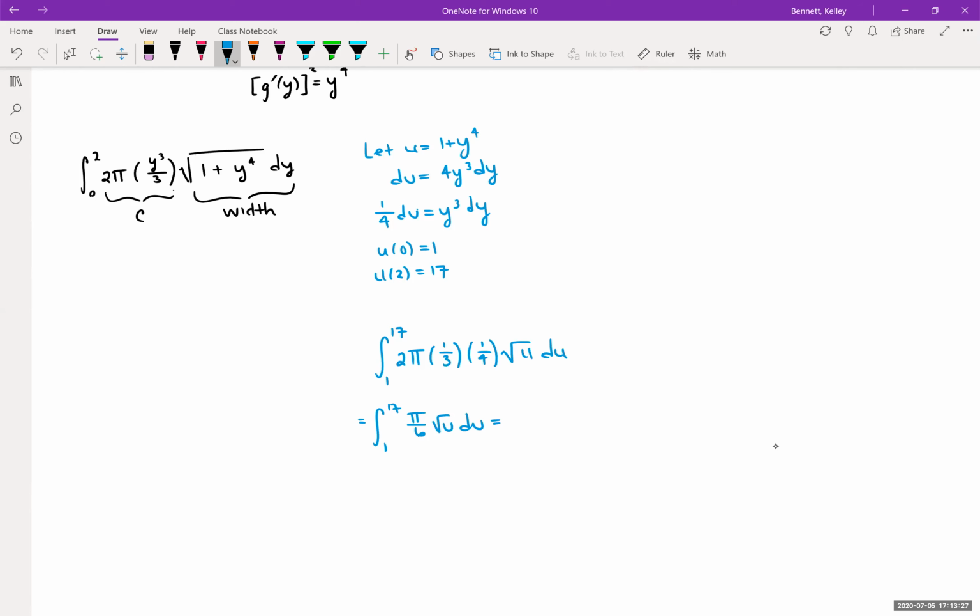Okay, we've done this a million times, it feels like. So this is pi over 6 times 2/3 times u to the 3/2 from 1 to 17. So we get pi over 9 times 17 root 17 minus 1. And this one I did approximate, stole it from the book. Boom. Super, so that's it. So that's surface area in a nutshell.